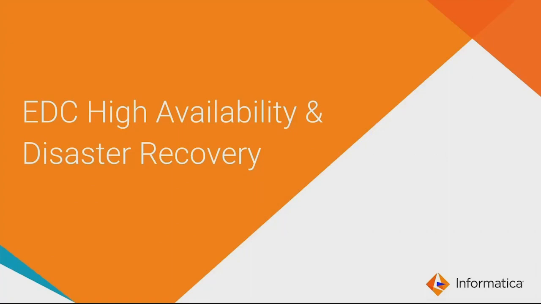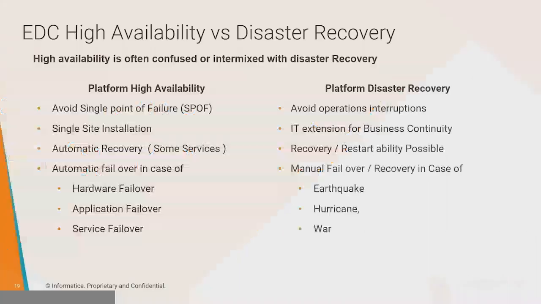So before we begin talking about high availability and disaster recovery, it is important to understand what they mean and how they are different, because we often get confused between the two. As this slide shows, high availability is aimed to avoid a single point of failure.